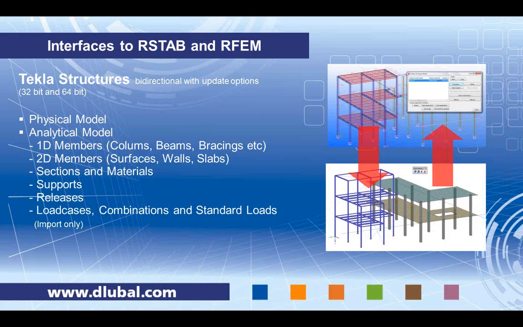So in the analytical model, we have to overcome this gap and provide a connection, basically bringing together all load-carrying parts in one structural wireframe model. It's a mechanically correct model that may include 1D members like columns, beams, or bracings, and also walls, slabs, or other surfaces.